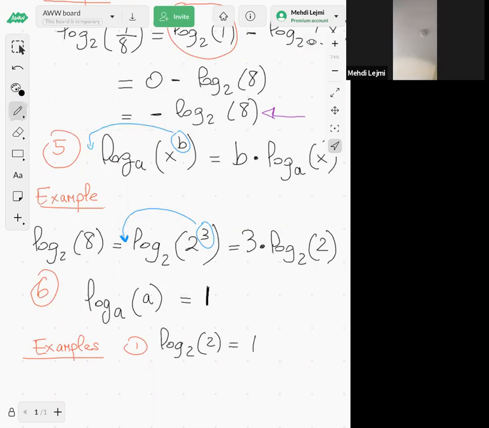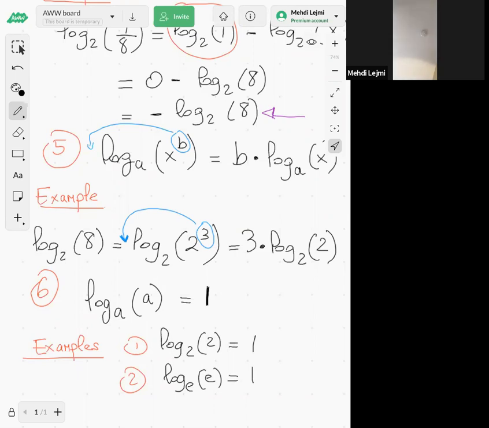Or log in base E, remember we talked about this special number E, which is 2.71 etc. Log in base E of E is also equal to 1. So whenever I have a log of some number in the same base, that will just be equal to 1.